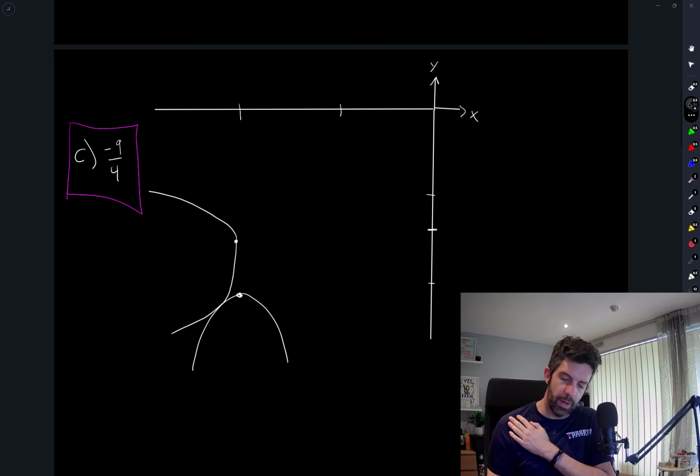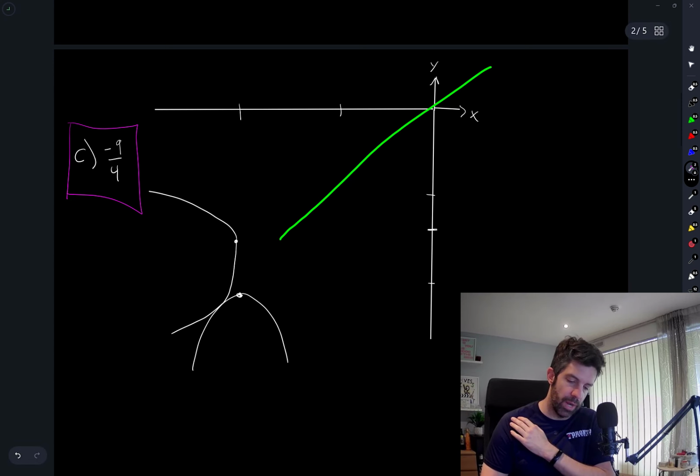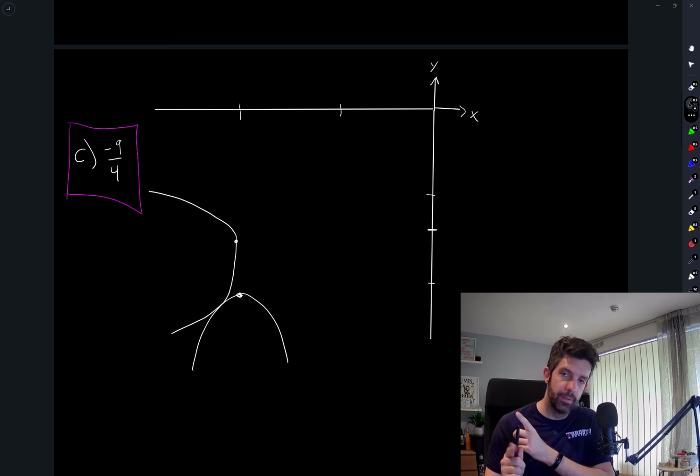So another thing to recognize, because these two parabolas are reflections of each other in the line y equals x, that's a key right there.